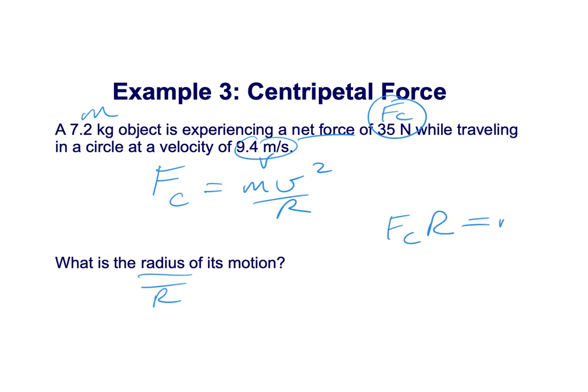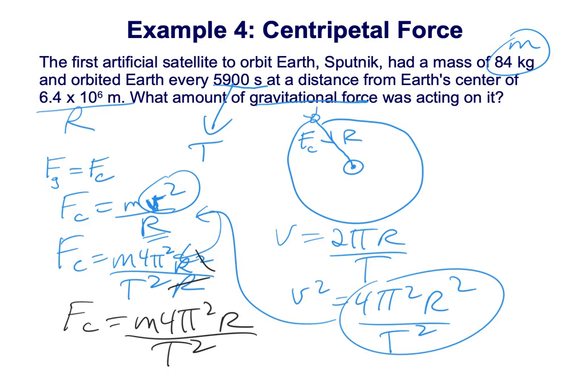Fc times r equals mv squared. I'm looking for r, so divide both sides by Fc. So mv squared divided by Fc. And your answer will be in meters when you solve it. Okay? Simple.